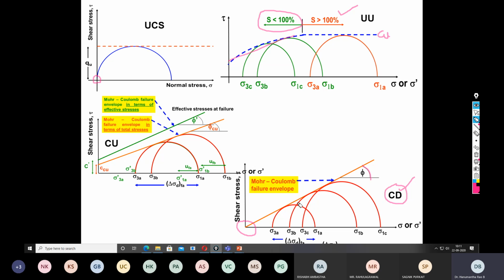The meaning of this is that under dry condition, every material behaves like a frictional material. So this is the interpretation that can be made from the CD. So the frictional component is therefore highest, with the highest strength during the CD test and the least strength during the UCS.